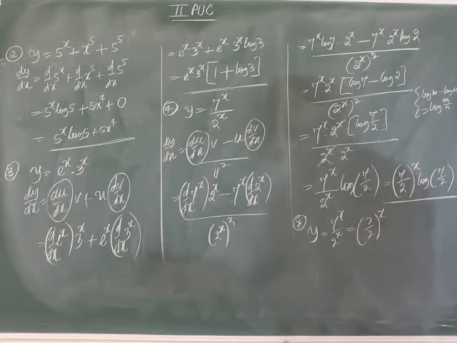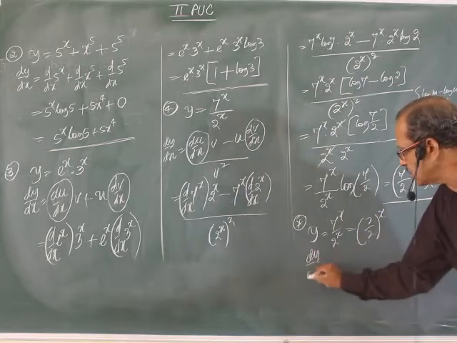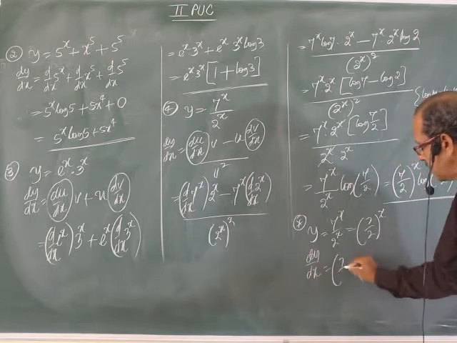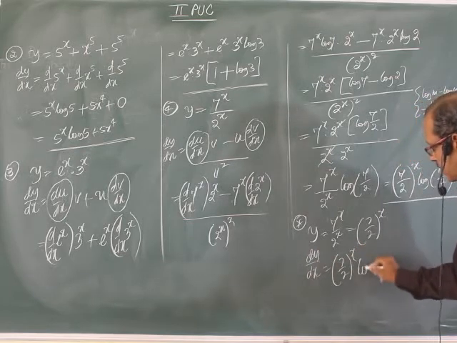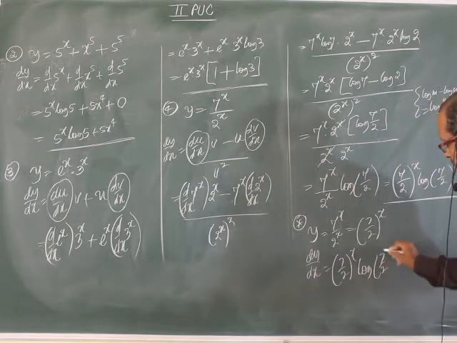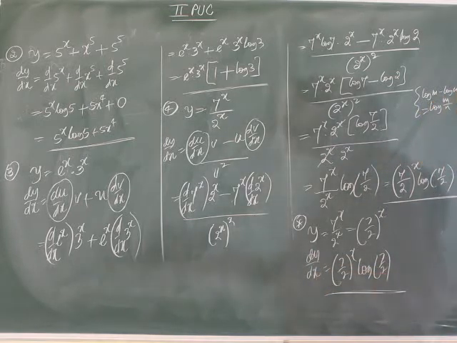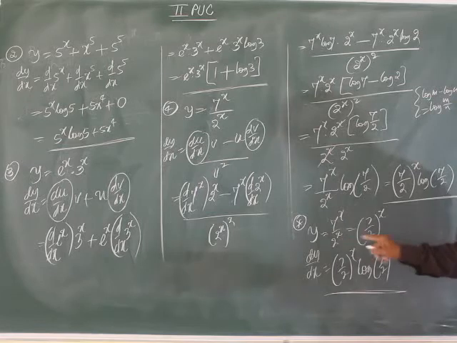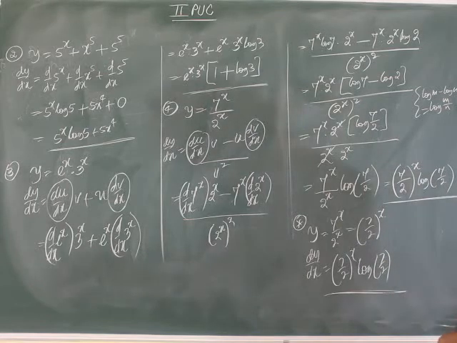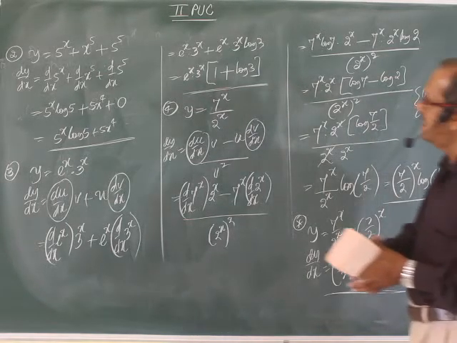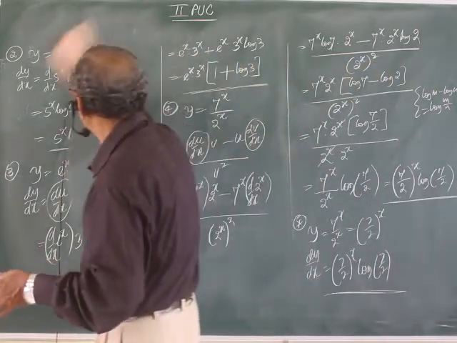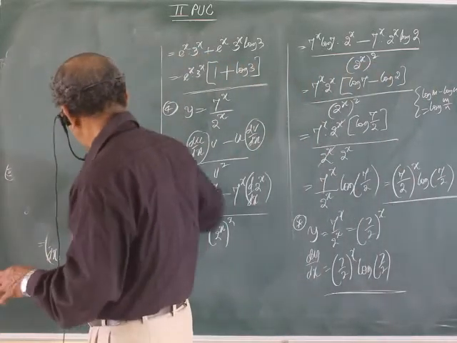Now itself we can write dy by dx is 7 by 2 whole to the power x into log of 7 by 2, because 7 by 2 is a number. A to the power x, derivative is a to the power x into log a. Quotient formula is also over.